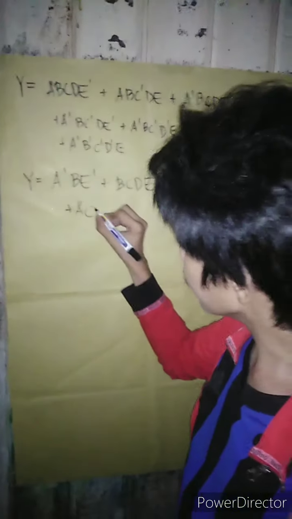Y is equal to A prime, B, E prime, or B, C, D, E prime, or A, B, C prime, D, E, or A prime, C prime, D prime, E, or A, C, D prime, E prime.